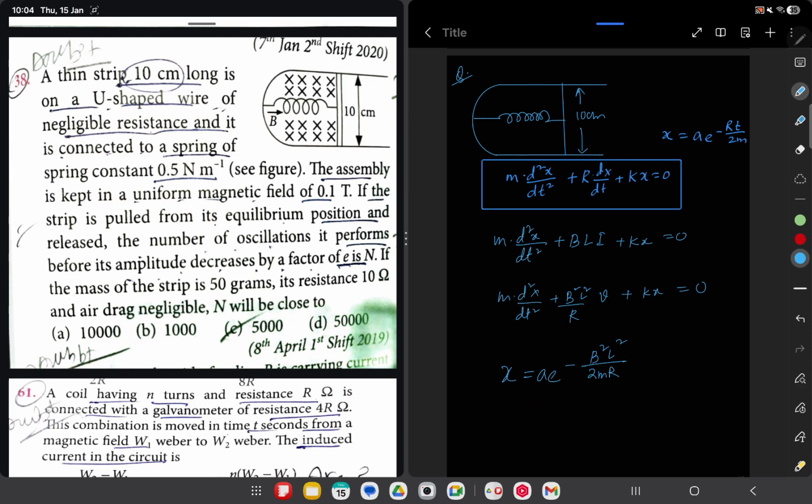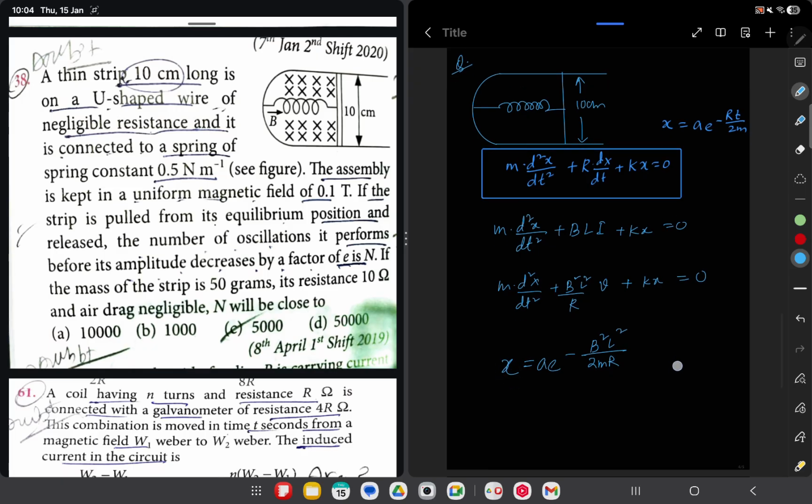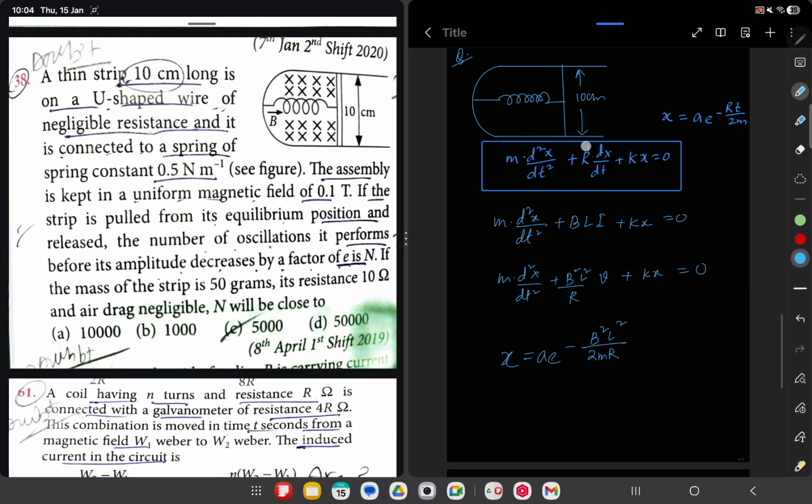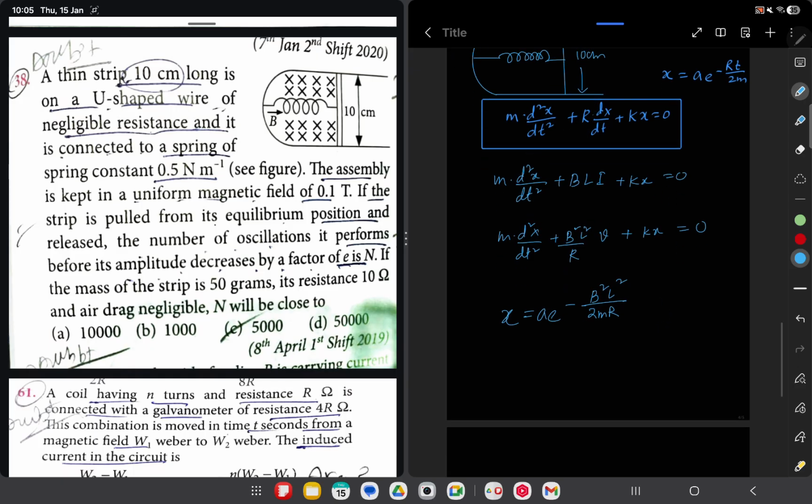So this one will be x equals a e to the minus b square l square by 2mr. If you compare these two, the r place is occupied by this one, and m stays as it is. So in place of r, you are writing b square l square by r. This r is resistance, and the other r is the damping factor, by 2mr into t.